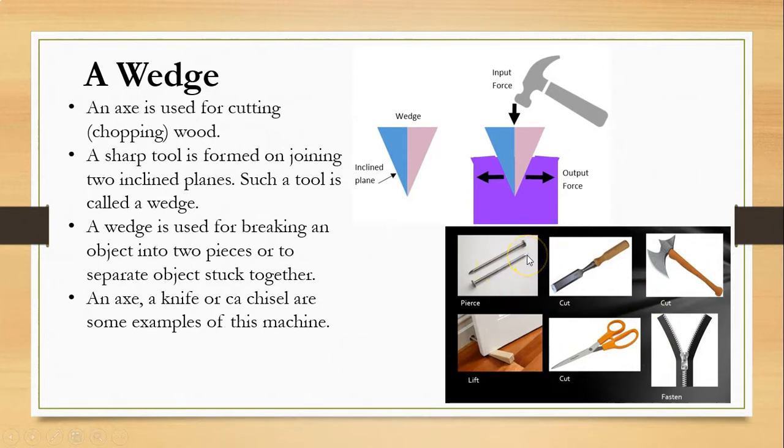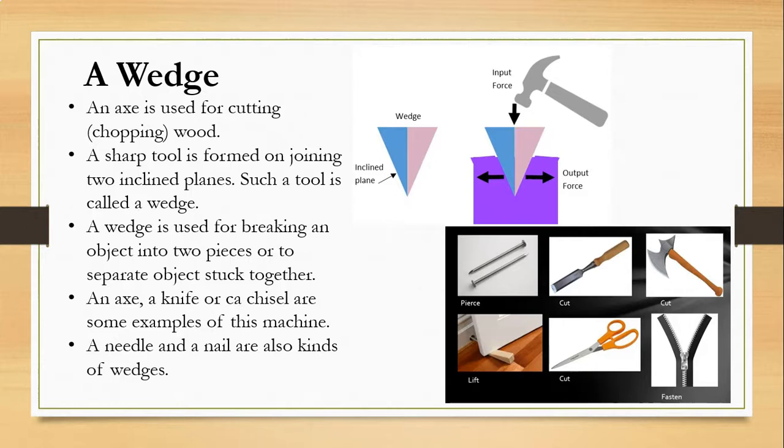See the tip? It's like a wedge. Again a wedge. This is also a wedge. Scissors are also wedges. And this is a complex example of a wedge, but again the zip is a wedge. A needle and a nail are also kinds of wedges.